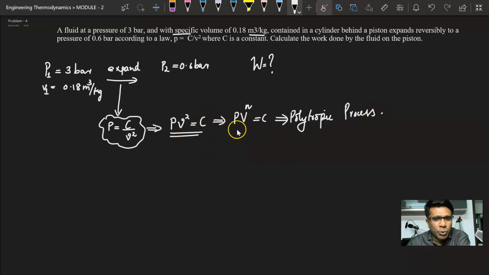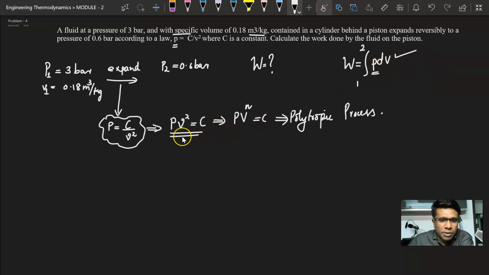You can solve it by using W equal to integral P dV, and by giving the value of P in that integral. Just like the last problem, I can give it as W equal to integral 1 to 2 P dV. This is an equation on P, so I can just substitute C by V square into dV and solve. That is fine, but I don't need to go that far.